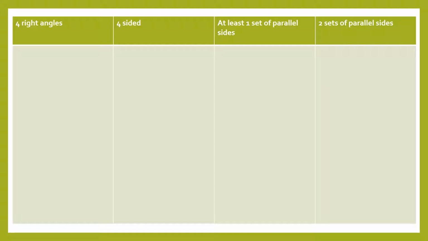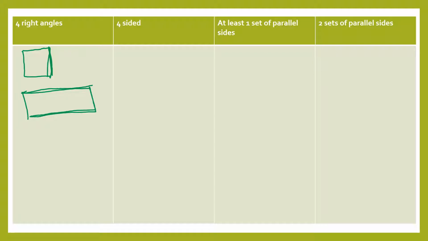Now let's do some sorting. Don't judge my drawing. I'm going to do my best. Let's think of a shape that has four right angles. You've got the square like we had just done in the last slide. What about this guy? A rectangle. It has four right angles. It's like a book.